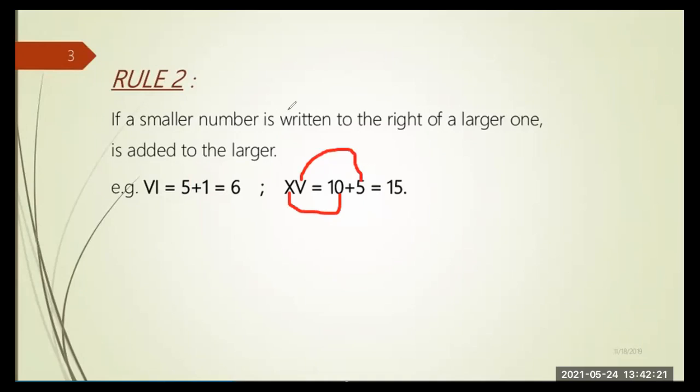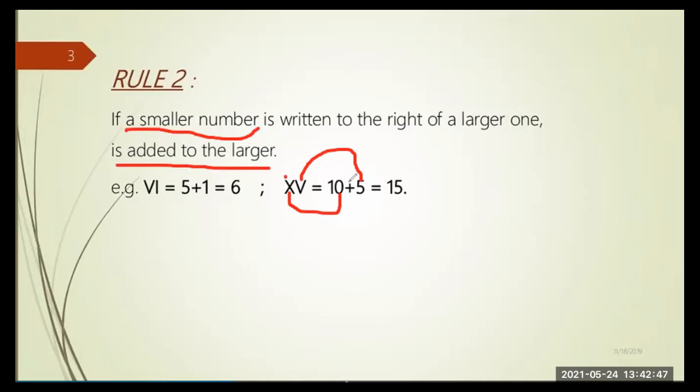So here our rule 2 says that if a smaller number is written to the right of a larger number, that means here V is our smaller number, and it is written on the right side of X, X is our greater number, then it is added to the larger, always it will be added.